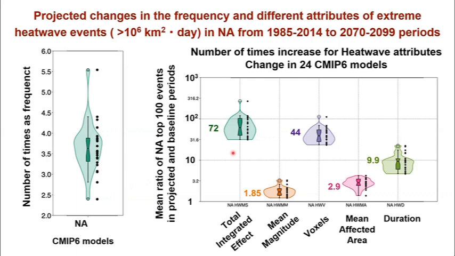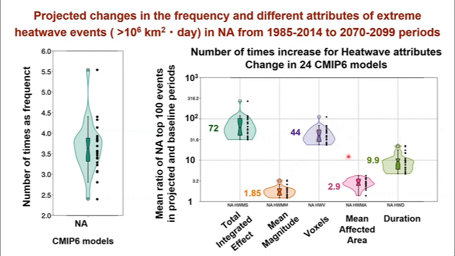And how about the individual characteristics of the event? If you look at the total integrated effect, it actually increased 72 times as much. This is a ratio. And what's the contribution? Of course, this volume increase is the major contribution, although the magnitude increase in terms of ratio also reaches 2.